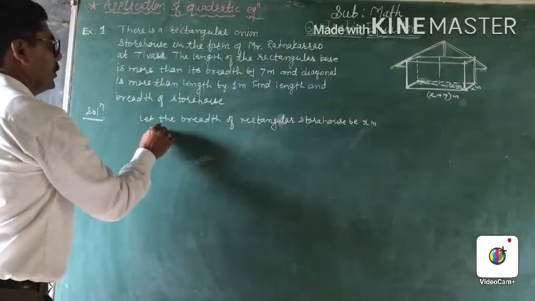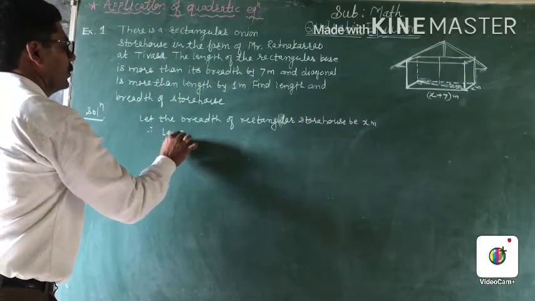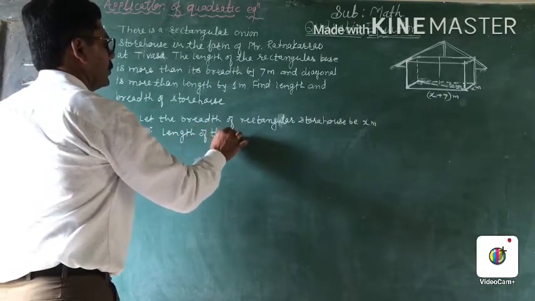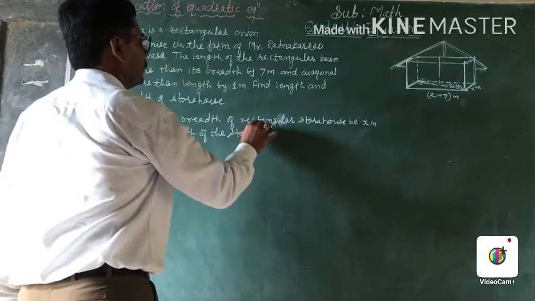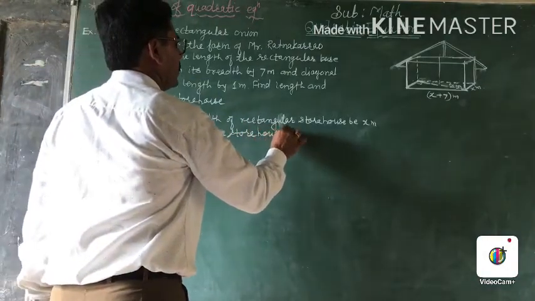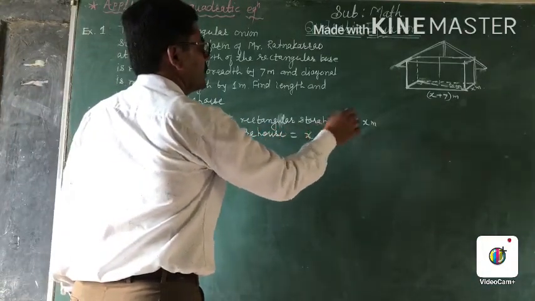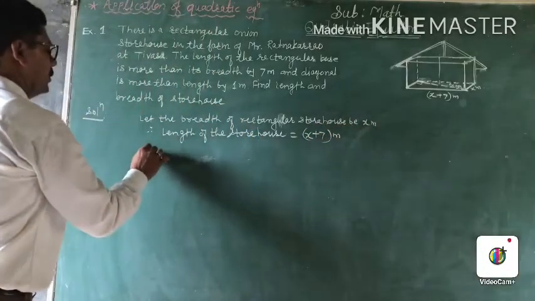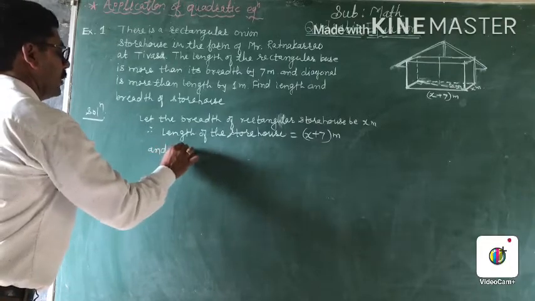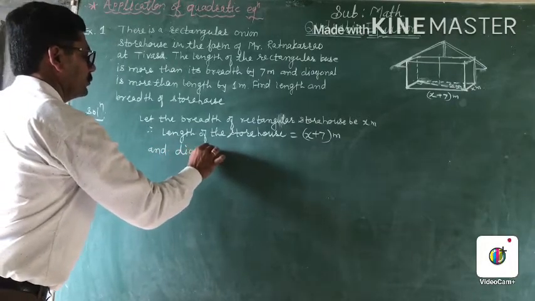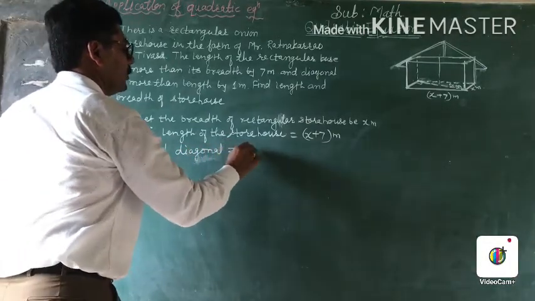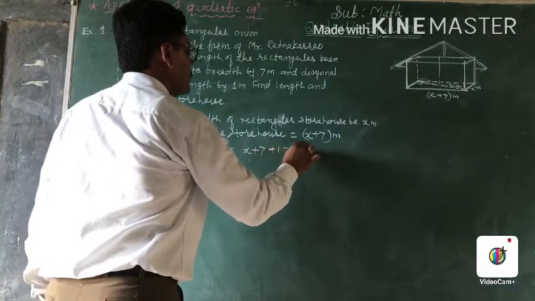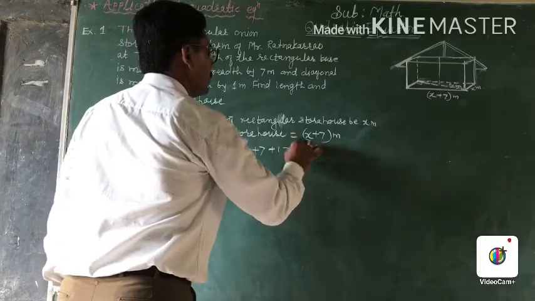Therefore, the length of the storehouse is equal to x plus 7 meter, and the diagonal is equal to x plus 7 plus 1, which means x plus 8 meter.